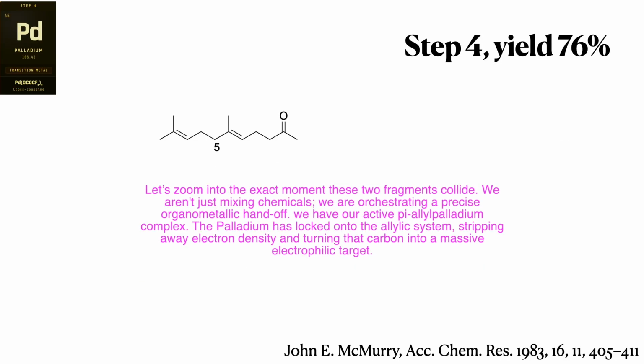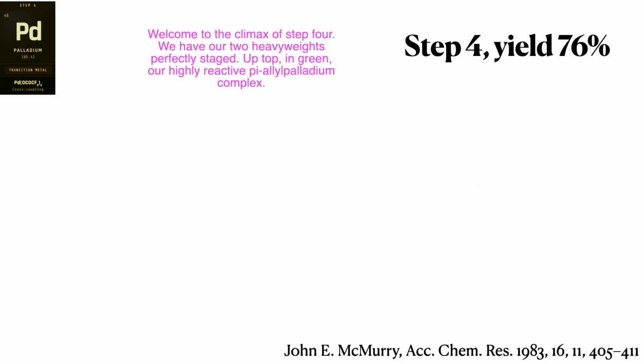Now zoom in to the exact moment these two fragments collide. We aren't just mixing chemicals, we are orchestrating a precise organometallic handoff. We have our active pi-allyl palladium complex. The palladium has locked onto the allylic system, stripping away electron density and turning that carbon into a massive electrophilic target. Welcome to the climax of step 4.